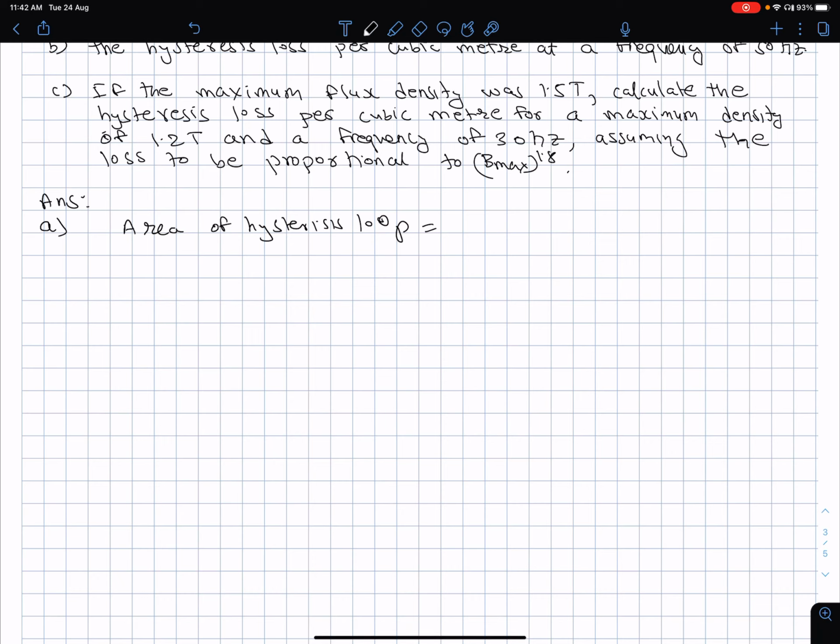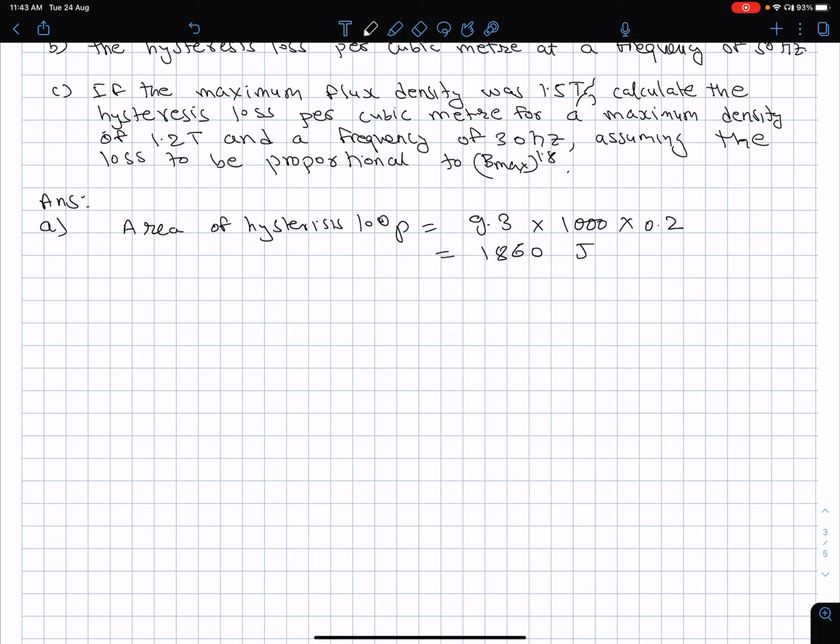That is given to be 9.3 centimeter square, and 1 centimeter on the x-axis is 1000 ampere turns per meter, and on the y-axis it is 0.2 Tesla. So this product will become equal to 1860 in the electrical terms. The unit will of course be joules.